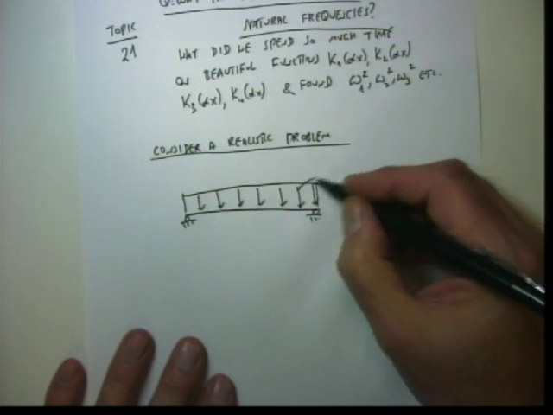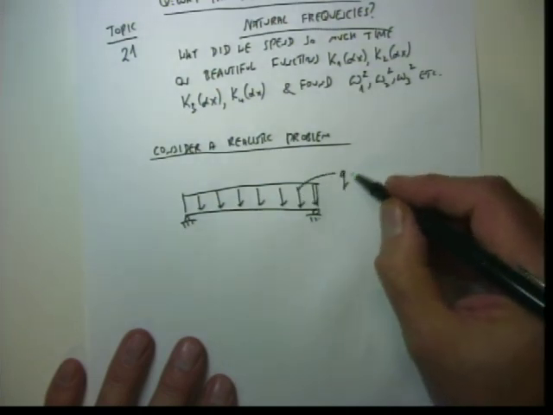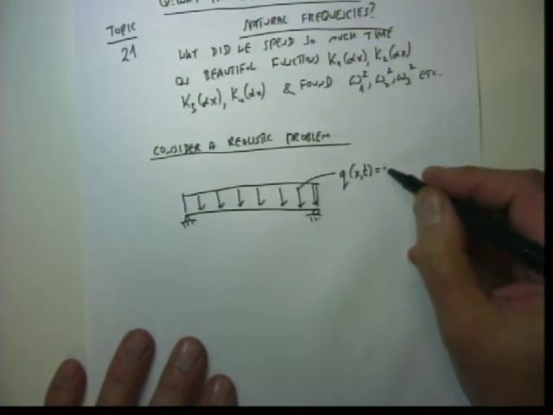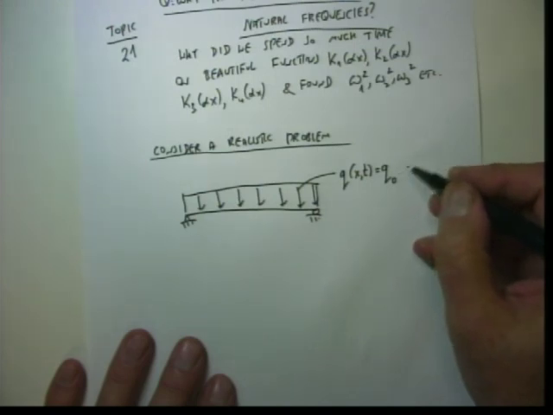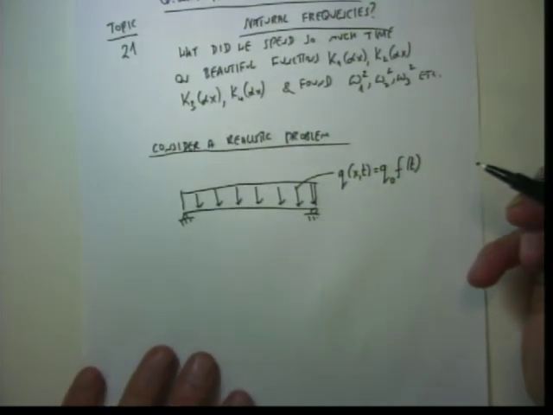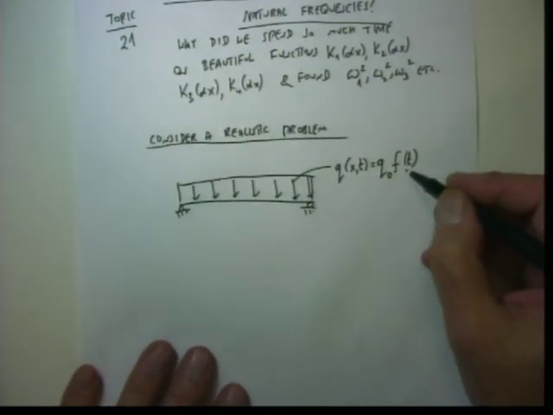Imagine that this load is, say, Q of x, t, and this is some constant, Q0, and then there is some function, phi of t, or f of t. So there is some given function, f of t.